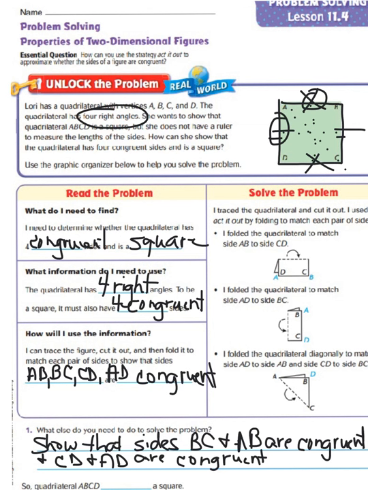So we also need to come back up here and see if this one is congruent with this one by folding it diagonally this way.